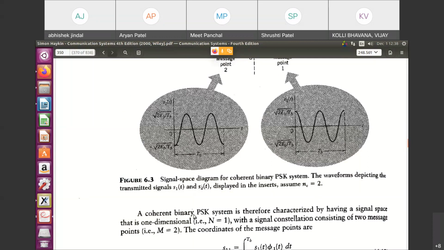This is figure 6.3 from the textbook. As I have told in the last 2 lectures, I am now strictly following Haykin's book because towards the end of the course we do not have that much time to interleave concepts from different textbooks, because that increases the required number of lectures by at least 3 to 4. If for BPSK I cover one textbook and need to highlight a few different things from another textbook, I require one more lecture.